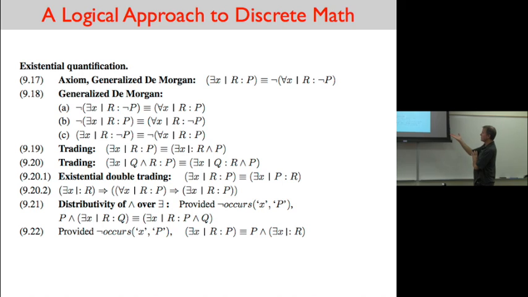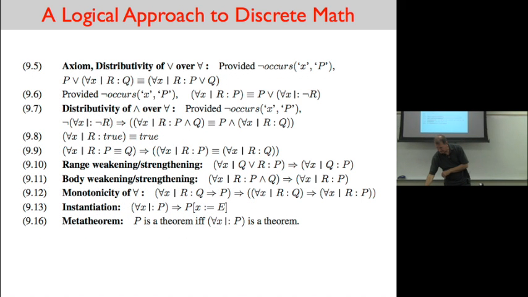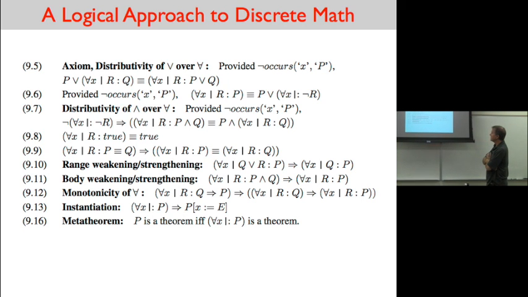But I would still think that you should start with the left-hand side: there exists an x range R body P, and then use 9.17 generalized De Morgan. So what does that say? Not for all x range R body not P, and then use the corresponding... I used 9.6. 9.6 looks right, because that's what corresponds to it.